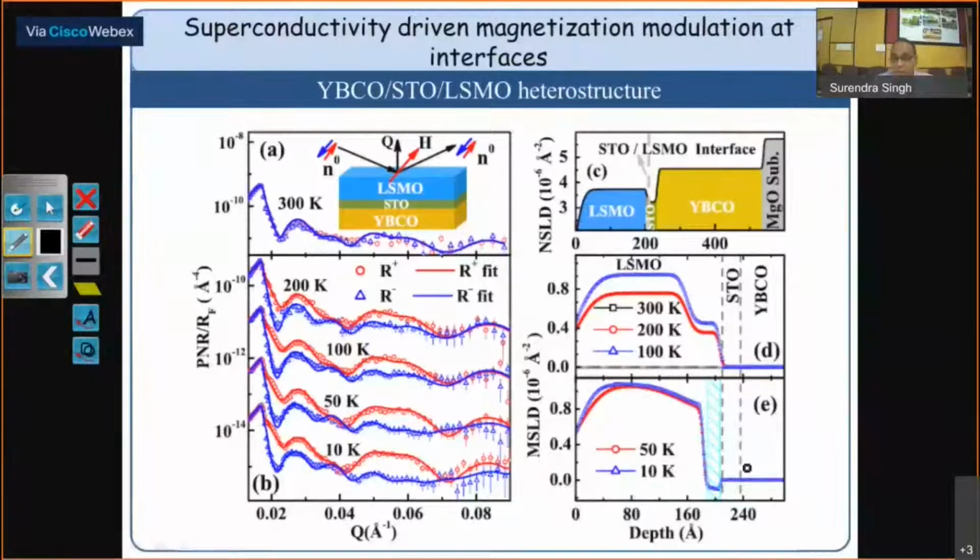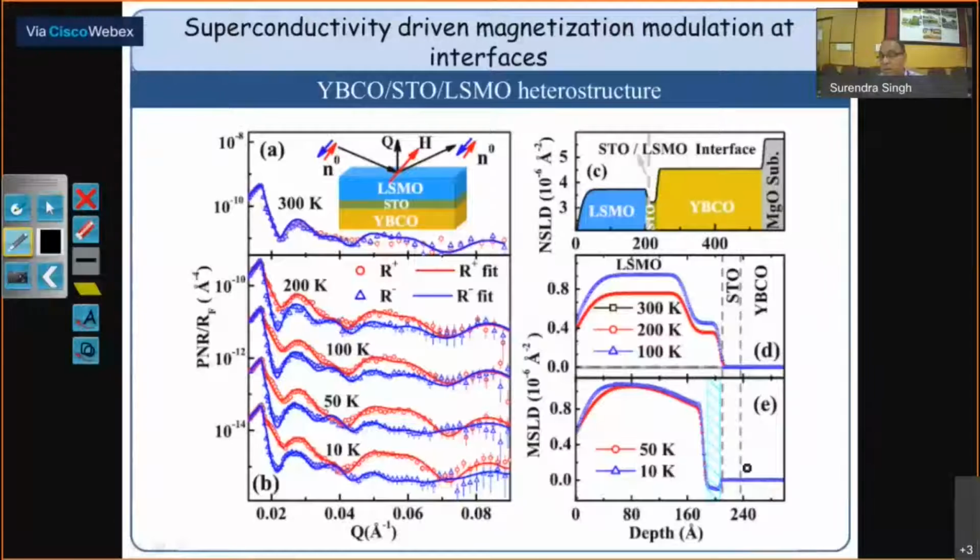Okay, so these two systems show that without PNR we cannot get this kind of information for complex oxide systems. In one case we found there is a ferromagnetism, and it is not very small.